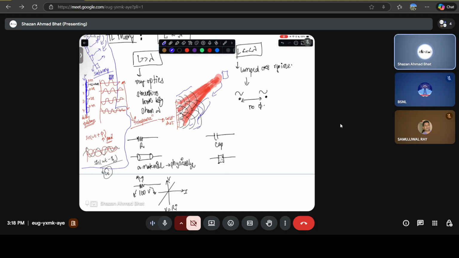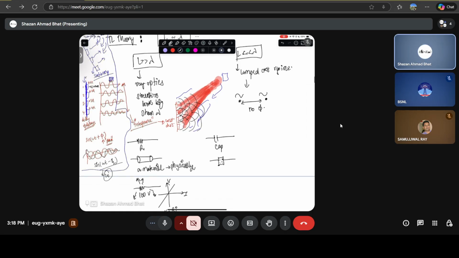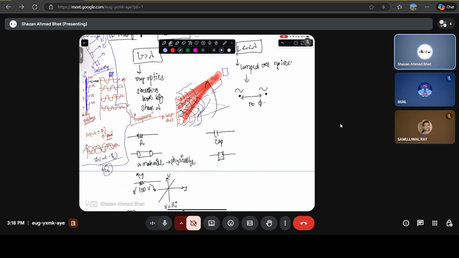Now, what you have done is that you have steered the beam. You have changed the direction of the beam from this direction to this direction without moving the antenna. And this beauty is because you have the phases associated with the waves, and you have used those phases to direct the beam coming from the antenna.